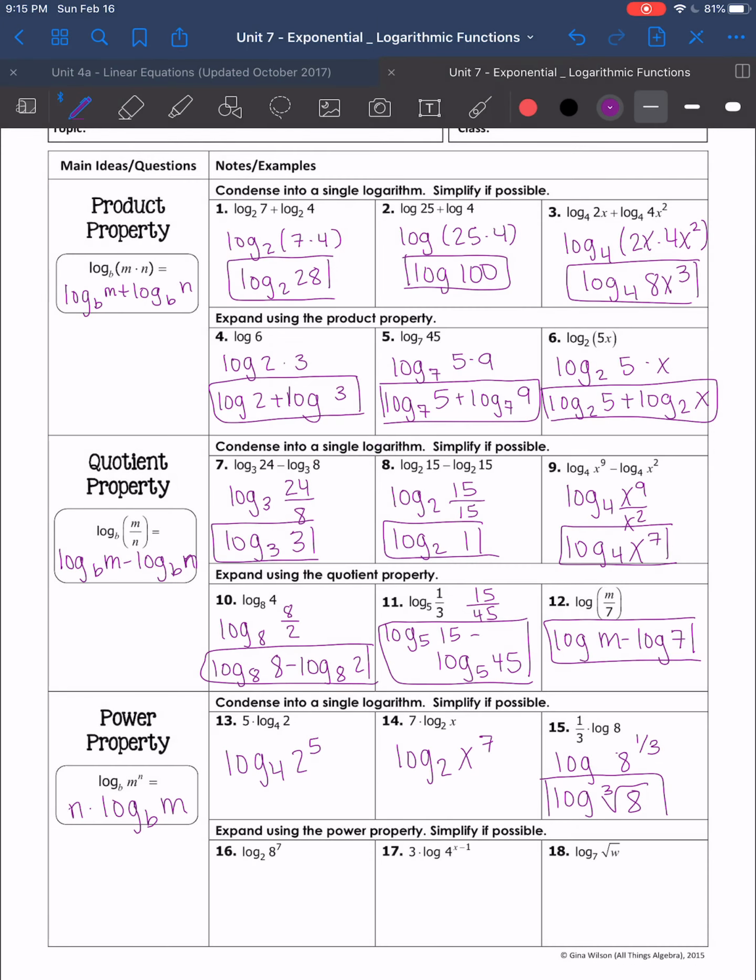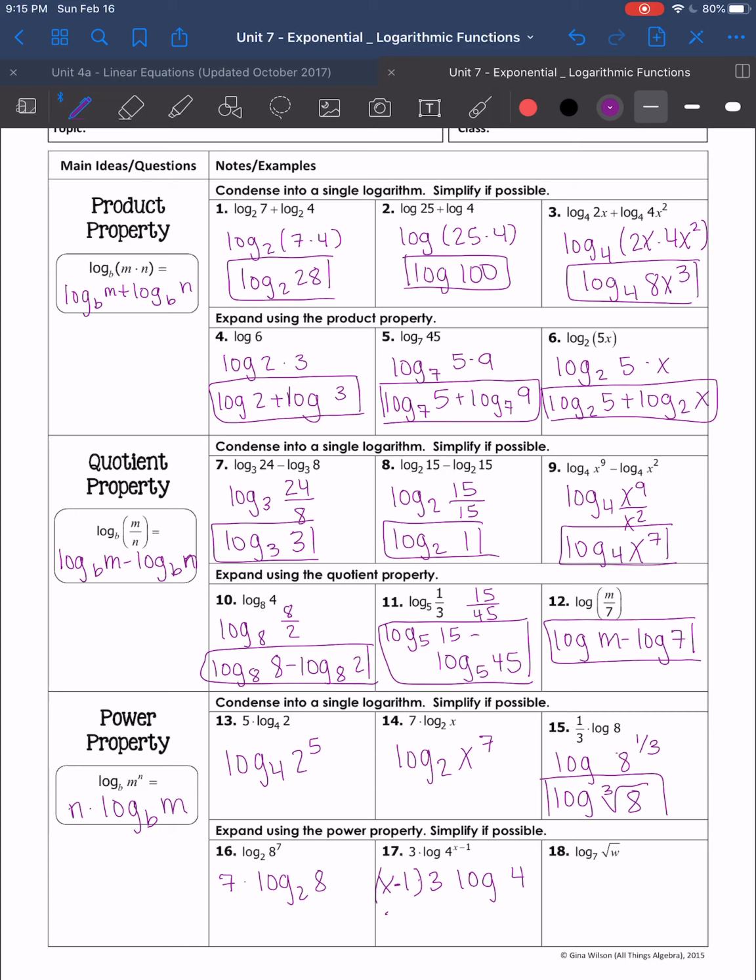And then if I want to expand this, I'd have 7 times log base 2 of 8. And then this one, x minus 1 times 3 times log of 4.